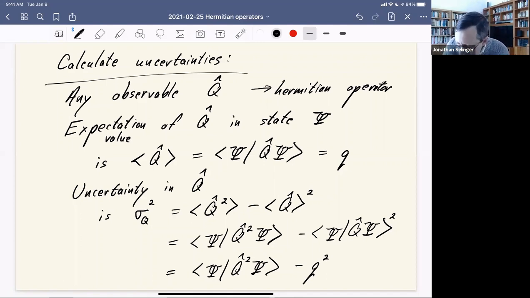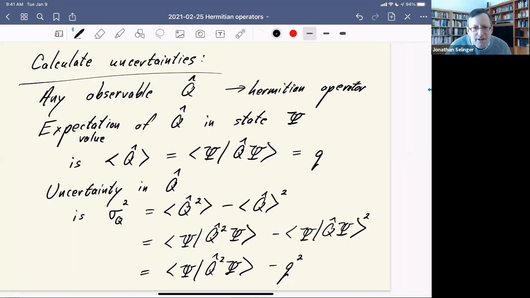Okay, now here's the thing for this calculation. Suppose I'm a person who hates uncertainty, right? I've got to be sure about things. I can't stand uncertainty. When will this pandemic be over? I have to know. I can't stand the uncertainty. I really want the uncertainty in Q to be 0.